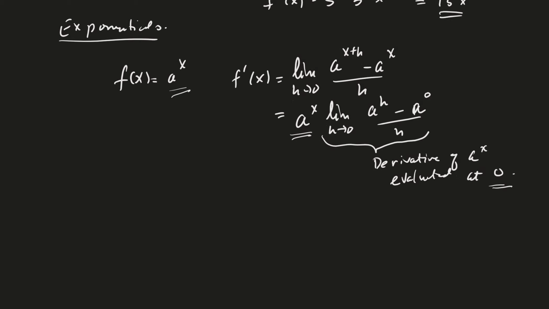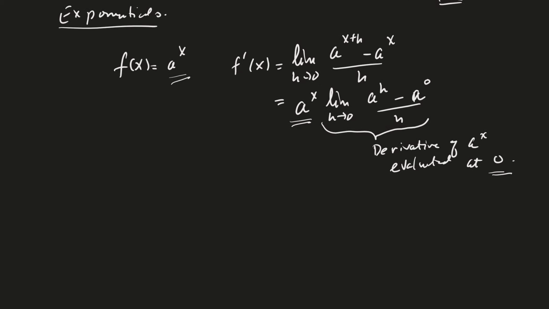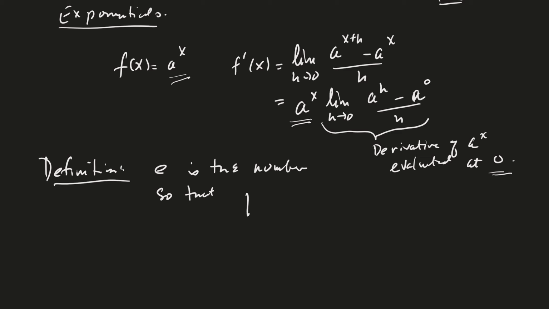And so kind of the trick here is that we're going to define e. Definition: e is the number a so that 1 is equal to the limit as h goes to 0 of a to the h minus a to the 0 over h.